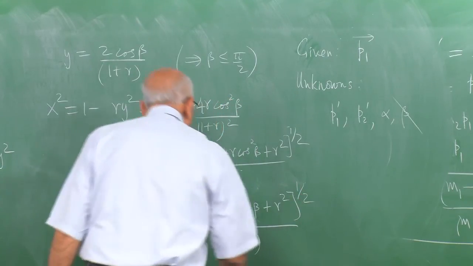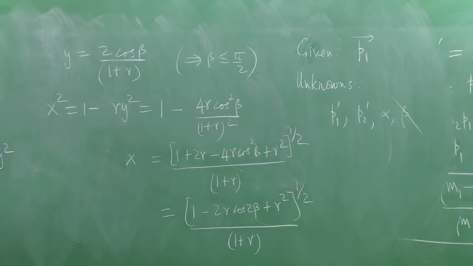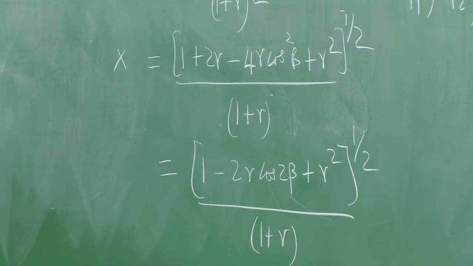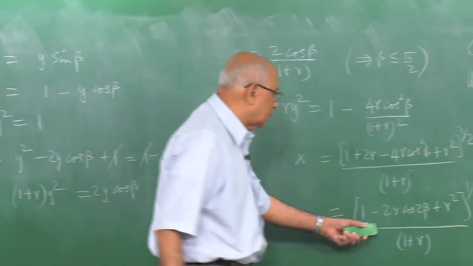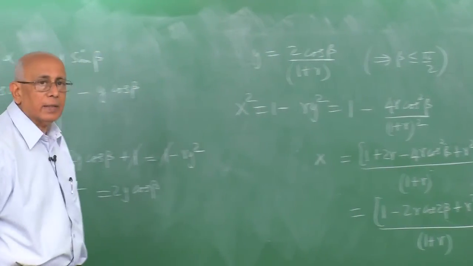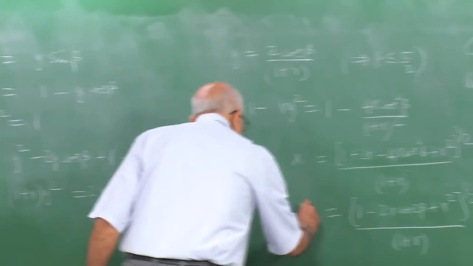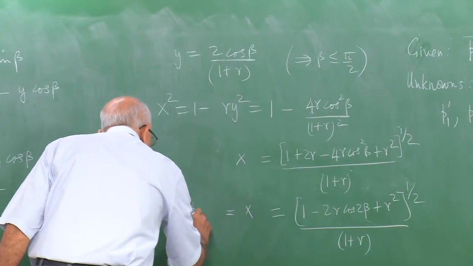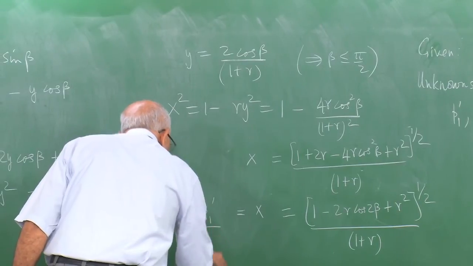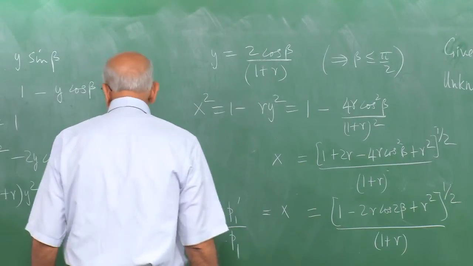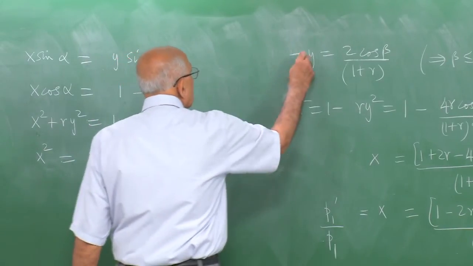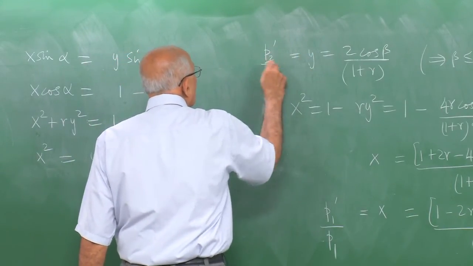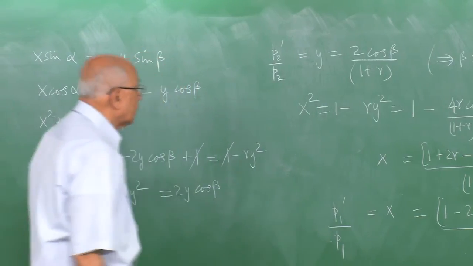Let's see if that's right. So I take out a 2r and I write 1 minus 2 cos squared beta is minus cos 2 beta. So that's it. That's the solution for x. And remember that this is x, equal to p1 prime divided by p1. On the other hand, this was the solution for y we already wrote down, and this was equal to p2 prime over p2, in this fashion.